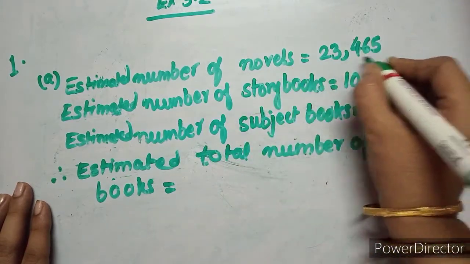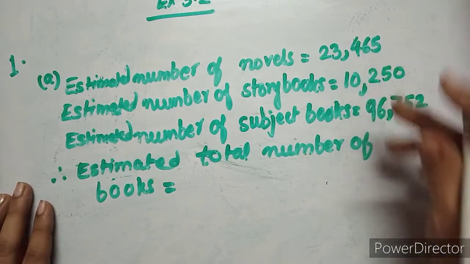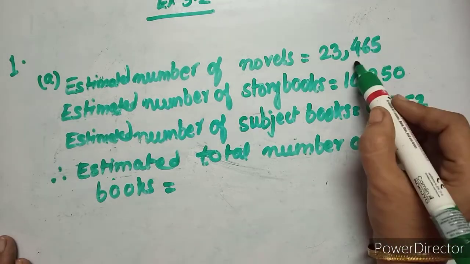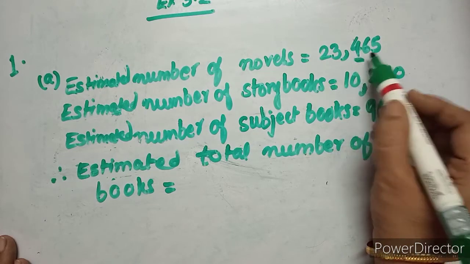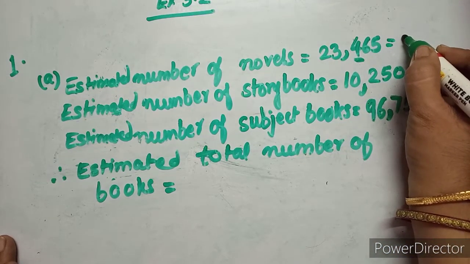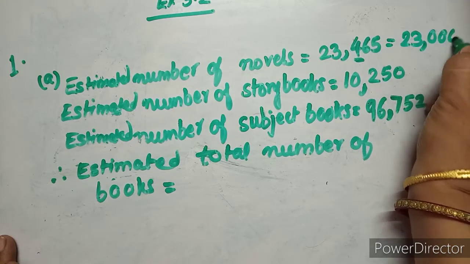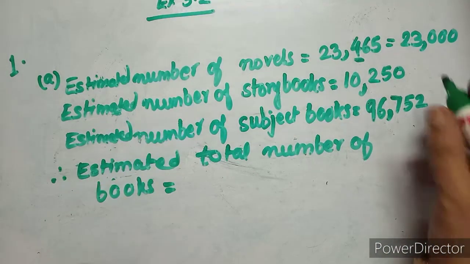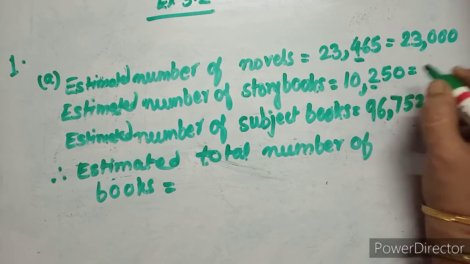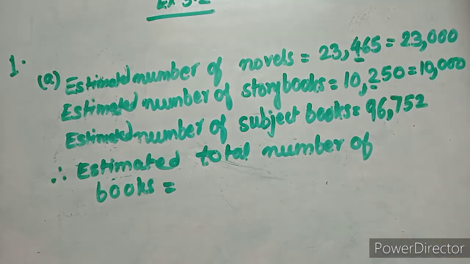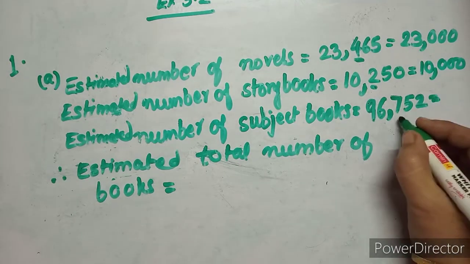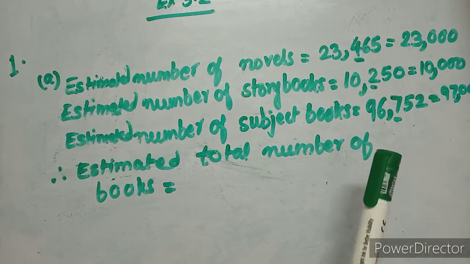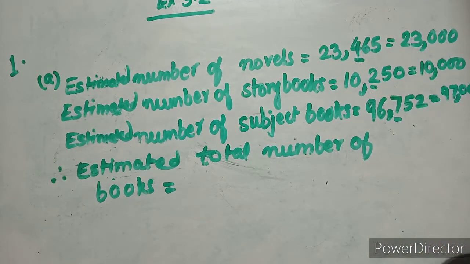Now you have this number, you have to round up to nearest 1000. ओके, 1000 के नियरेस्ट आपको वैल्यू देखना है. तो आप देखिए, ये जो 4 है इसको आपको देखना है और इसका राउंड अप वैल्यू बनाना है आपको. सो ये वाला जो वैल्यू होता है ये ऐसे हो जाएगा 23,000. ओके, उसके बाद आपको एस्टिमेटेड नंबर ऑफ स्टोरी बुक्स में हो जाएगा. आपको ये वाला फिर से देखना है, तो इसका आपका आ जाएगा 10,000 राउंड अप वैल्यू. ओके, फिर से आप ये वाला देखोगे तो आपका यहाँ पे आ जाएगा 97,000.